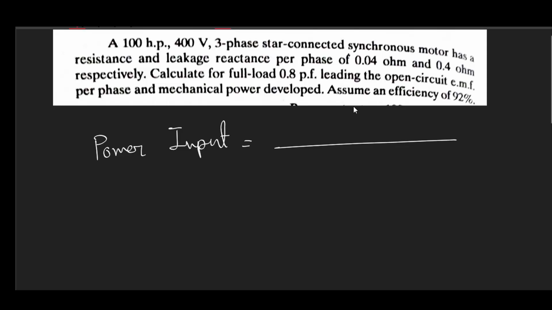this is actually a style of writing, properly representing the motor data. Motor output is always mechanical output, so it is always preferable that you go for horsepower representation rather than a kilowatt or watt representation.